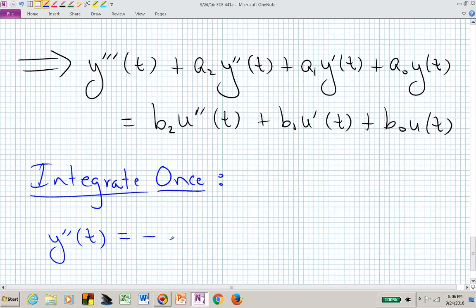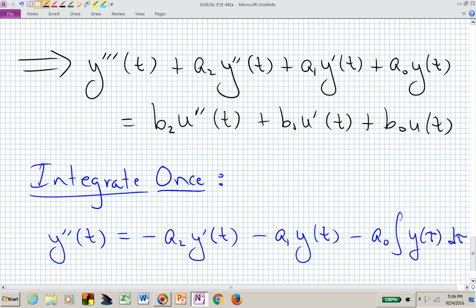I now have a minus a sub 2 y prime of t minus an a1 y of t minus an a sub 0 integral, and a sub 0 is a constant, let's say y of t d tau from 0 up to t.